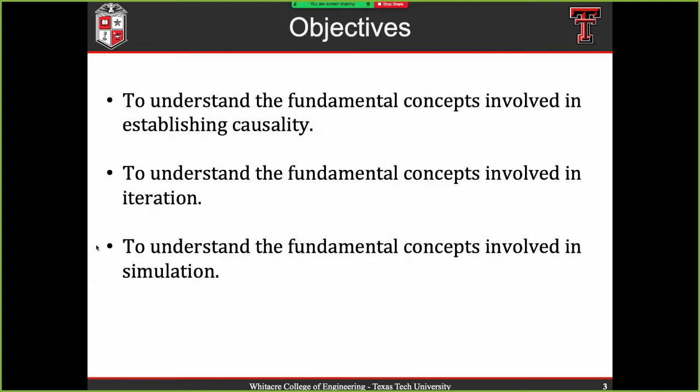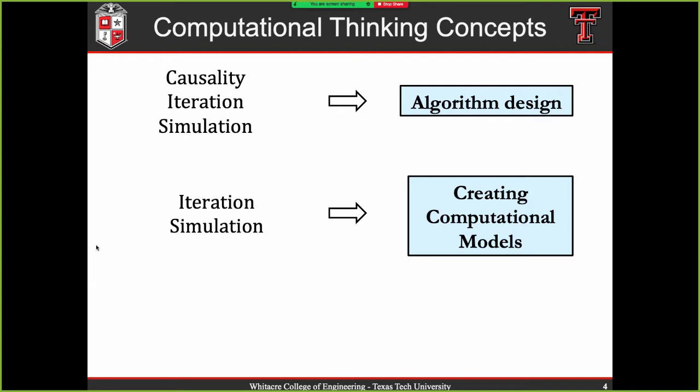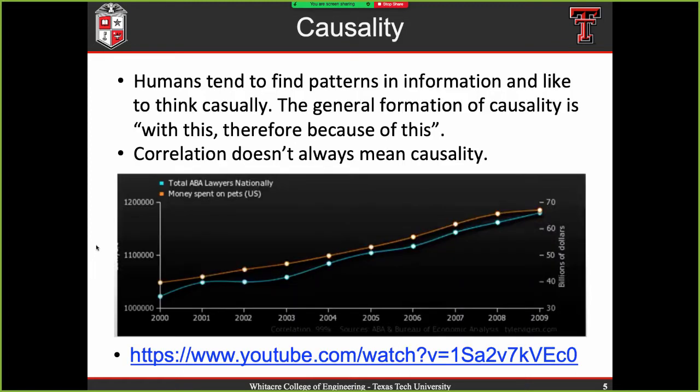And the overall objectives are to understand what causality is, concepts in iteration and simulation. And all three of these topical areas are an important part of algorithm design, and simulation is the main umbrella topic of computational model creation.